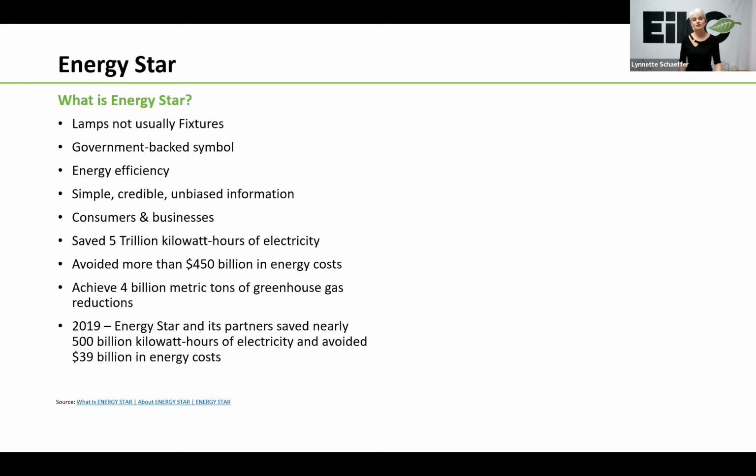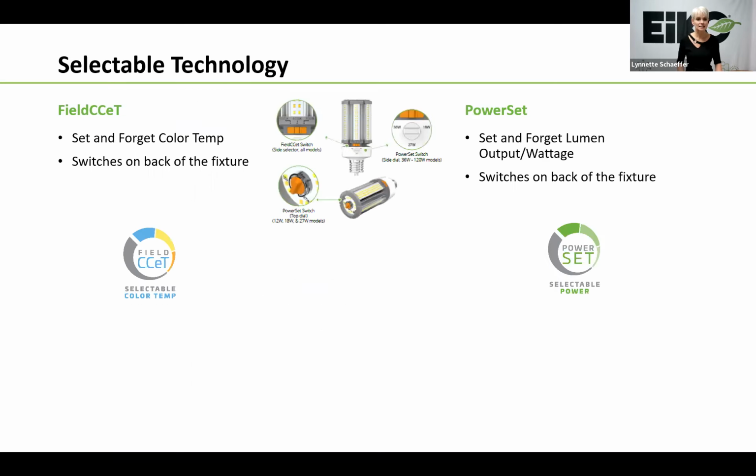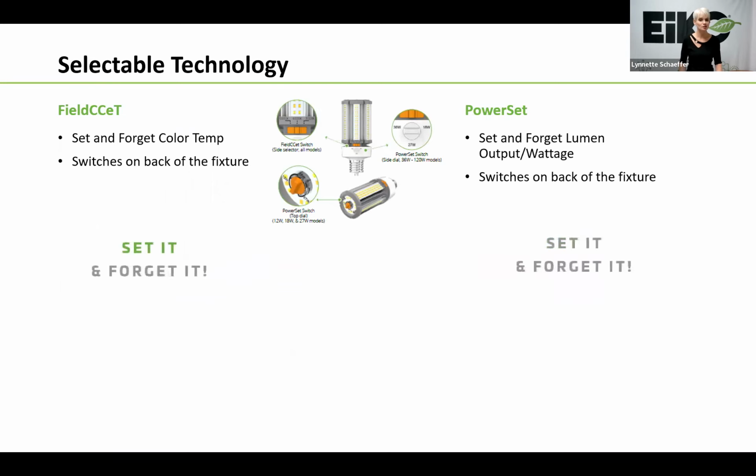Unfortunately, rumor has it, Energy Star will be going away. I don't know exactly when that will happen, but you may no longer see Energy Star certifications on products.